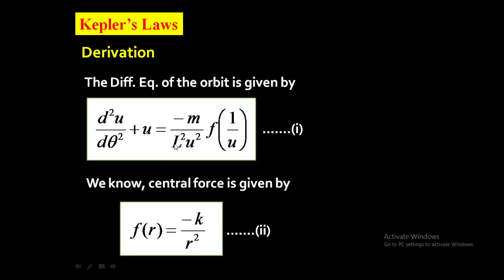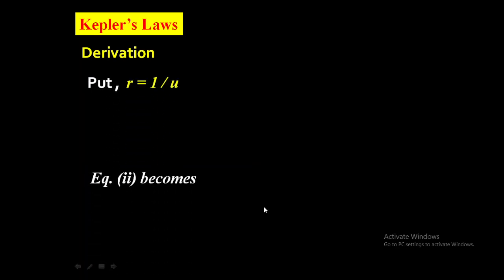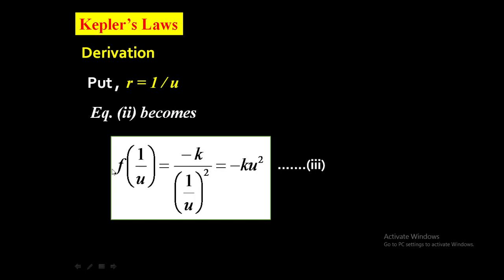Then equation 2 becomes f of 1 by u is equal to minus k upon 1 by u square, so it will be minus k u square.